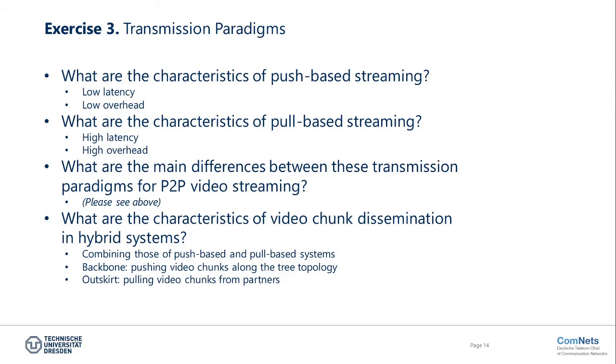In the backbone, because of the tree topology, it employs the push-based system, and therefore the overall system can benefit from low latency and low overhead. At the same time, at the outskirts, peers maintain the mesh topology with the pull-based type of video dissemination.